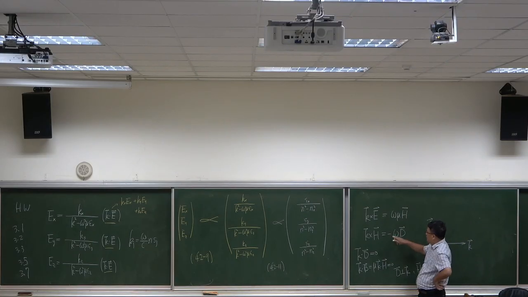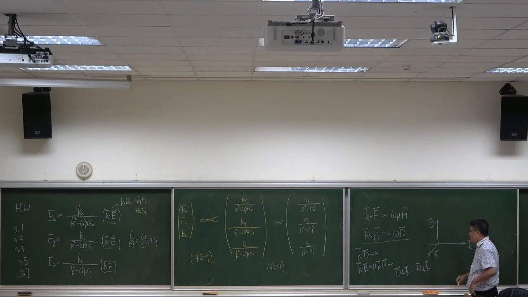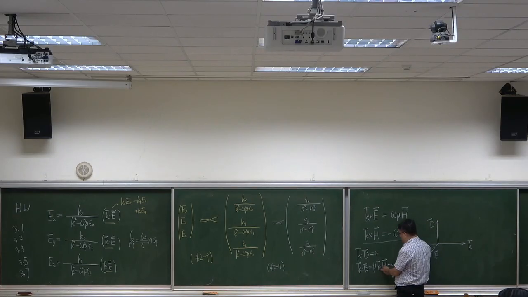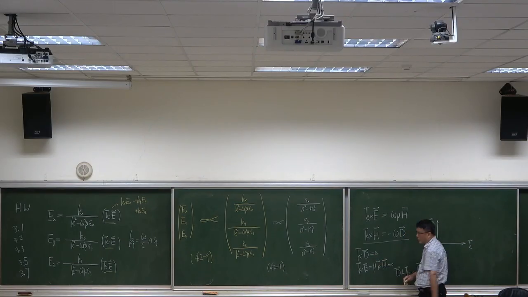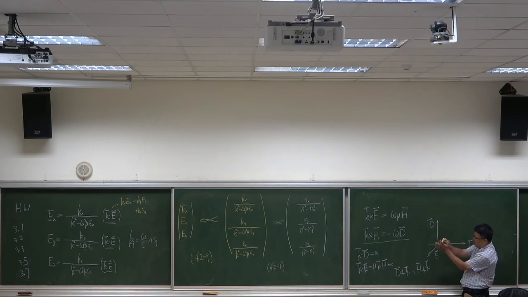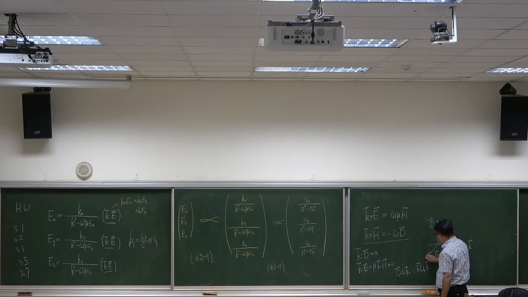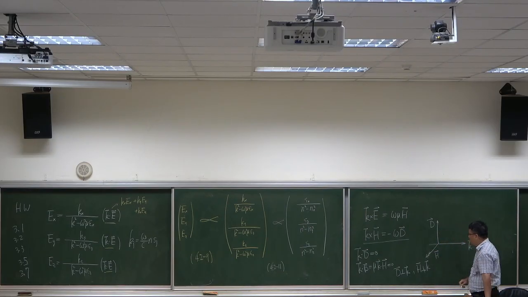And this equation further tells you that D vector is perpendicular to H vector. Here we only know D vector perpendicular to k and H vector perpendicular to k, but we do not know the relation between E and H. They can have an angle different from half pi between them.